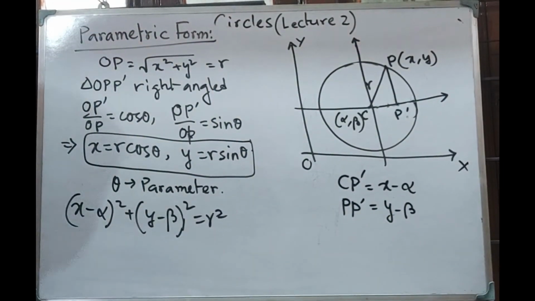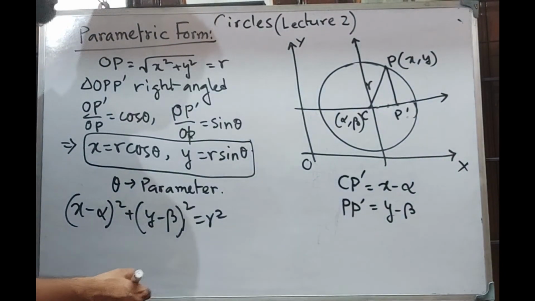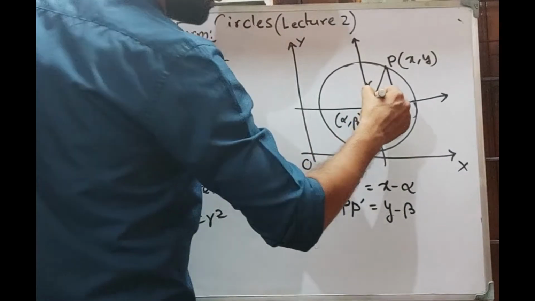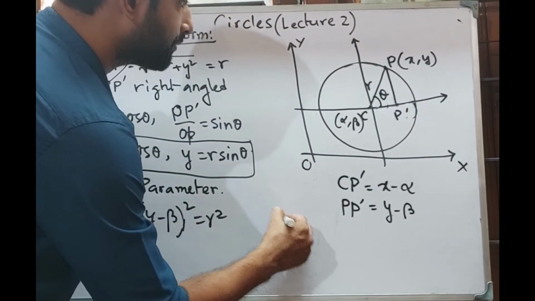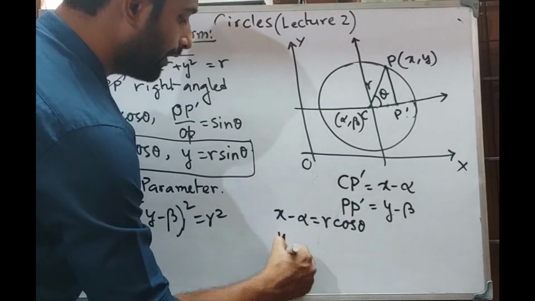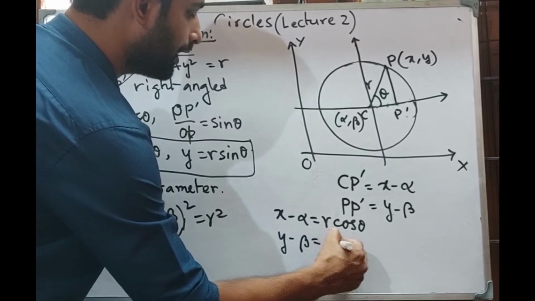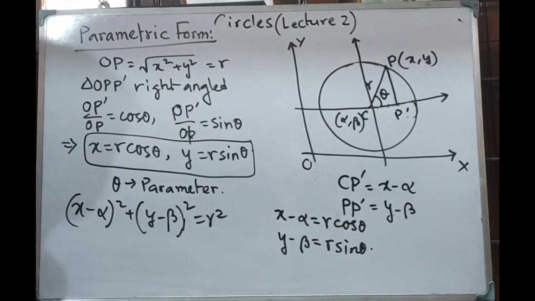So you can easily see what should be the parametric relation here. From the triangle CPP dash, if this angle is considered to be theta, then we can write x minus alpha is equal to r cos theta and y minus beta is equal to r sin theta, just as the standard form.